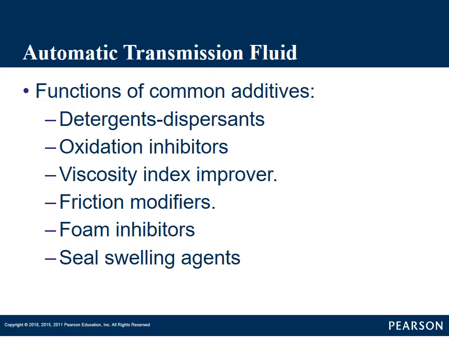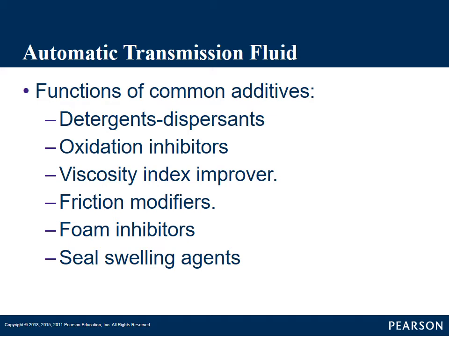A transmission operates differently at different temperatures. With thicker fluid in colder temperatures, the transmission has a tendency to shift a little later and a little harder. It's also a little harder to get that fluid lubricating all our components. So that's what our viscosity index improver is all about.